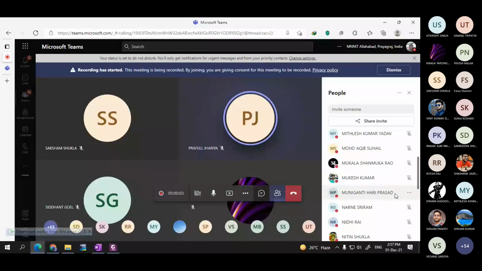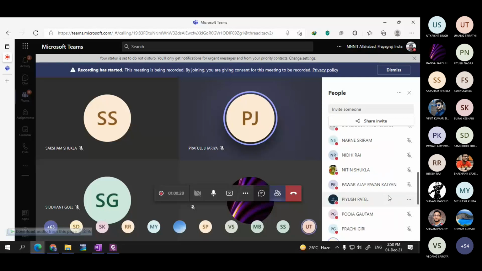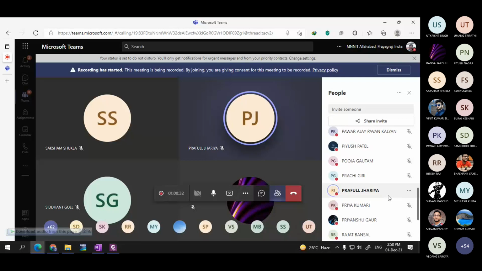Mukesh Kumar? Sriram? Nidhi Rai? Nitin Shukla? Pawar Ajay Pawan Kalyan? Piyush Patel? Pooja Gautam? Prachi Giri?